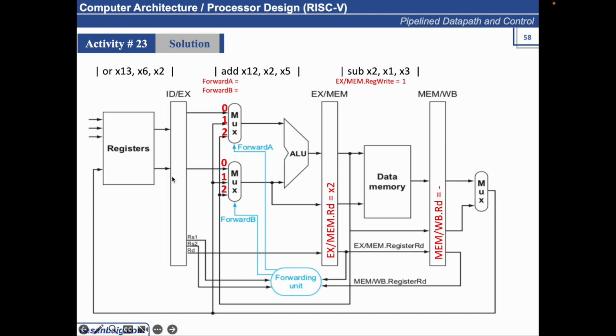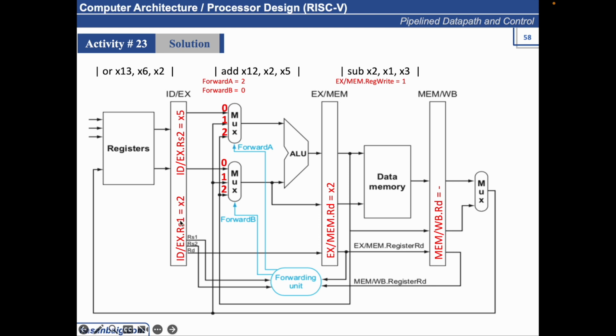What about the IDX registers? IDX RS1 and RS2 will be containing X2 and X5. At this point you can see XMEM RD is equal to X2, which is equivalent to IDX RS1, X2. So the policy for forwarding the data is satisfied here. RD is not equal to X0, the reg write signal is also 1, and this is matching with this value.